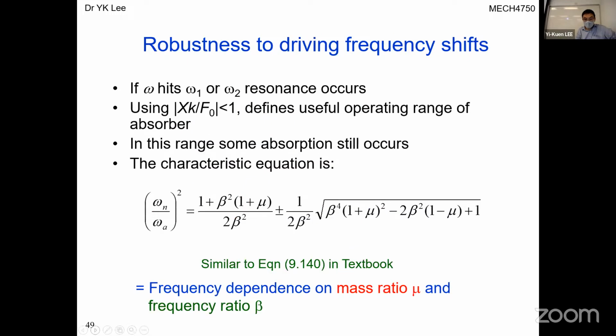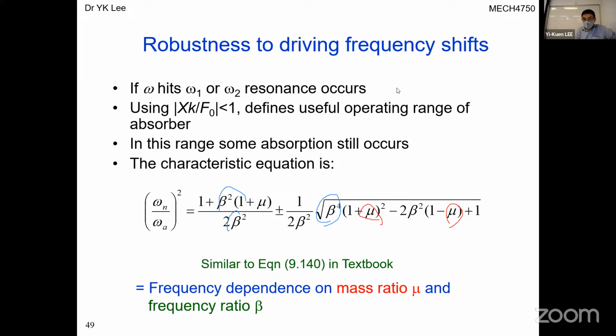We can solve for the natural frequency from this quadratic equation and determine the new natural frequency of this 2D freedom system, which depends on the mass ratio mu and the frequency ratio beta.